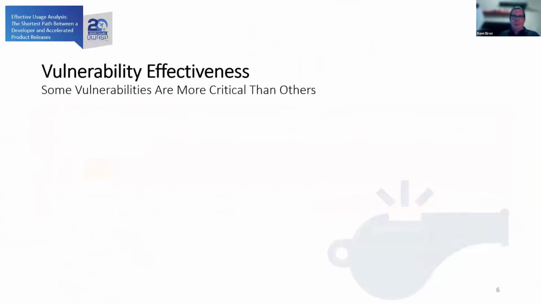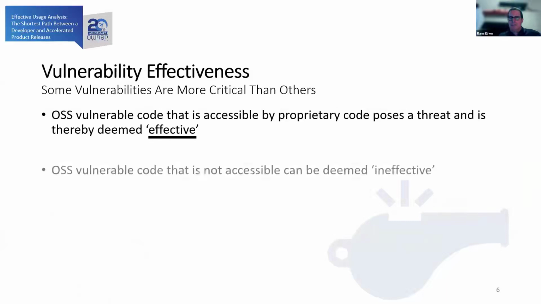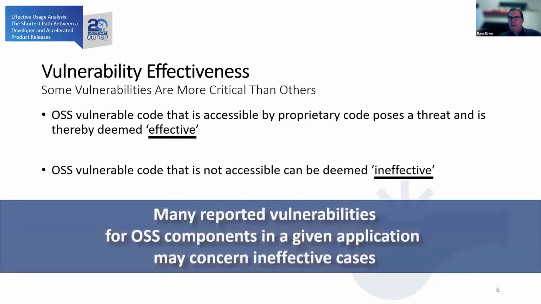It really stands for saying that some vulnerabilities are more critical than others. Let's say for a moment that open source vulnerable code that is accessible by proprietary code poses a threat, and we will thereby deem it as effective. Whereas, conversely, vulnerable code that would not be accessible can be deemed ineffective.